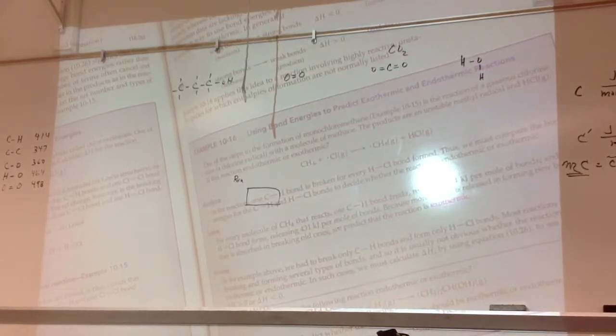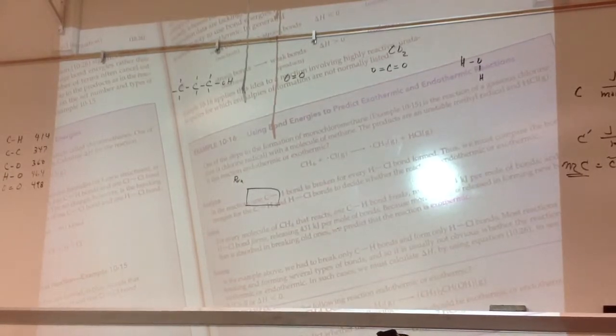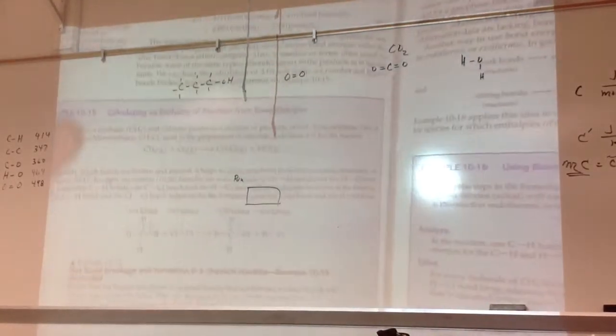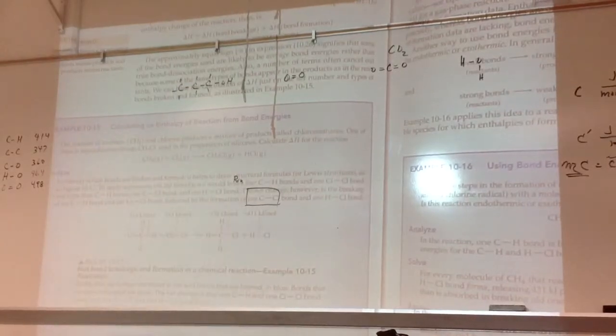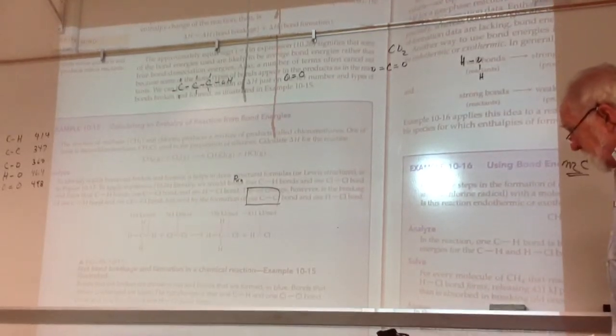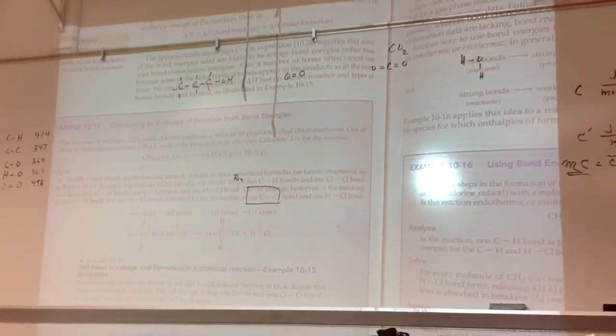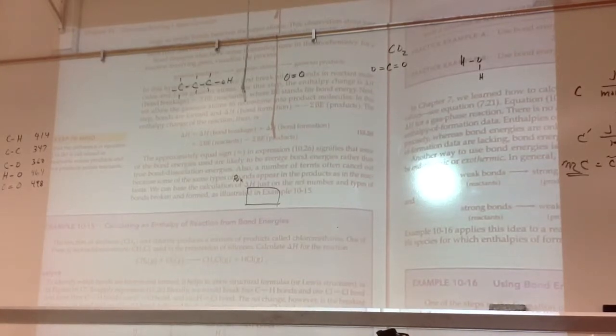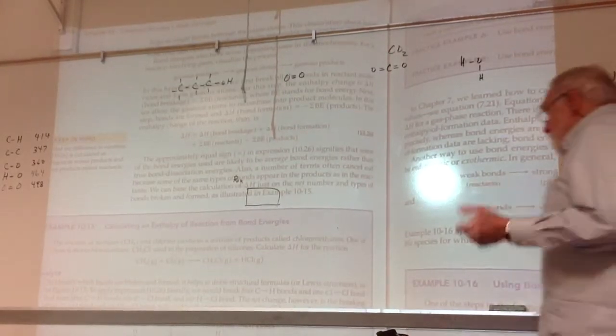Okay. Now, here he doesn't do it too much, but on the slides, when it tells you how to set these problems up, the slides don't work out too well because of the formatting.